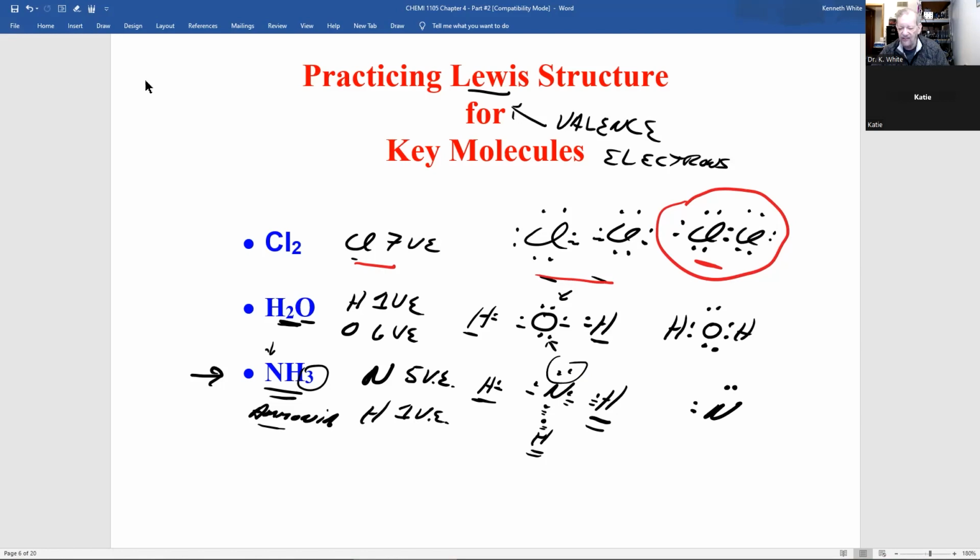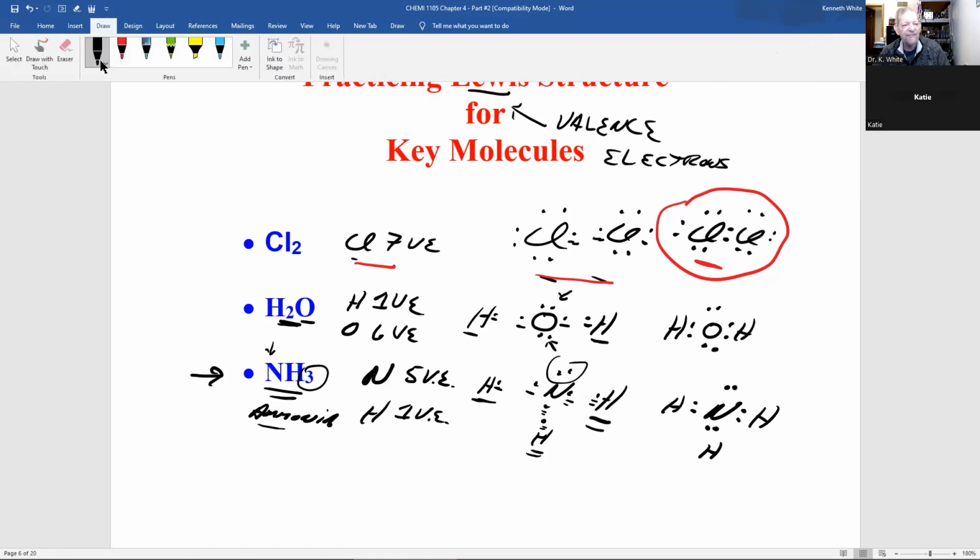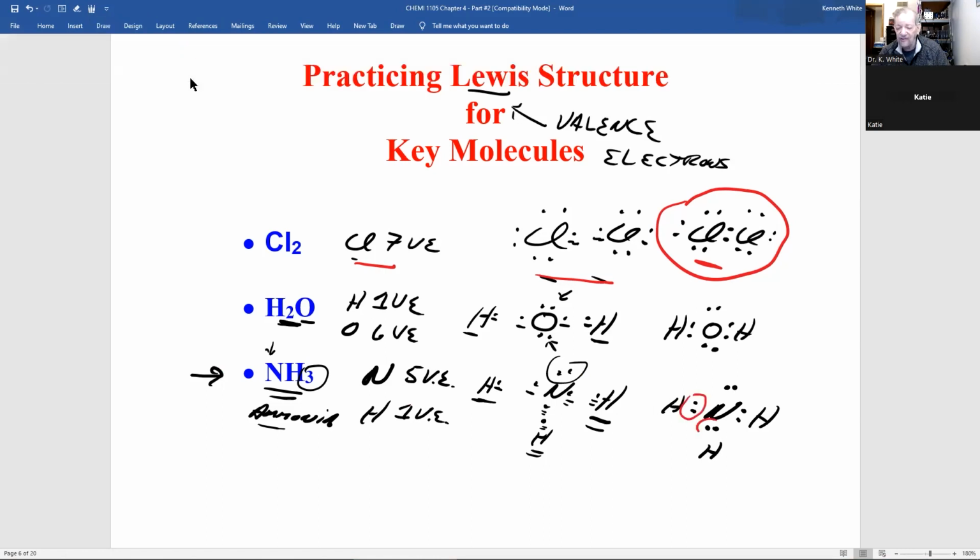This hydrogen and nitrogen share a pair of electrons, this nitrogen and this hydrogen, and the last one. If you notice, in ammonia, there's 1, 2, 3 pairs of shared electrons. Each one is a covalent bond.